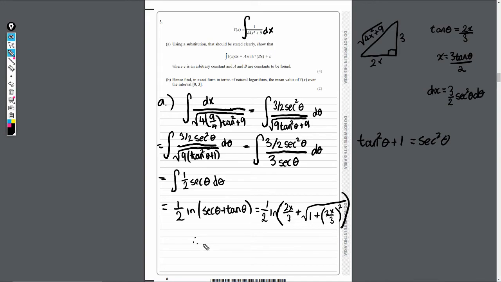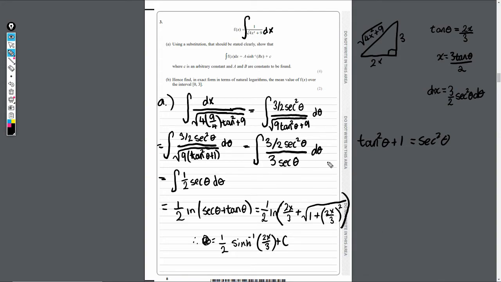Therefore, we're going to obtain that u, I should call it theta in my case, theta is going to be equal to a half hyperbolic sine inverse 2x over 3 plus c. And there we have it, that's part A done.